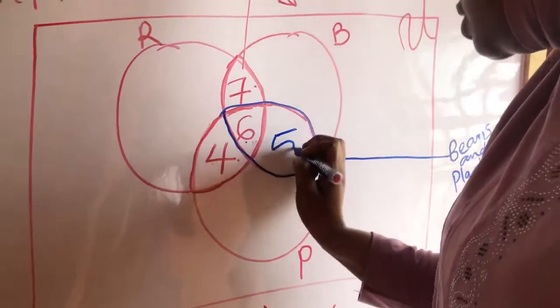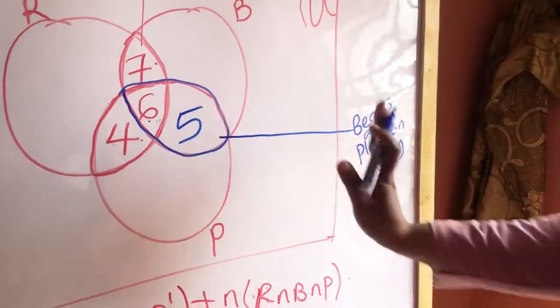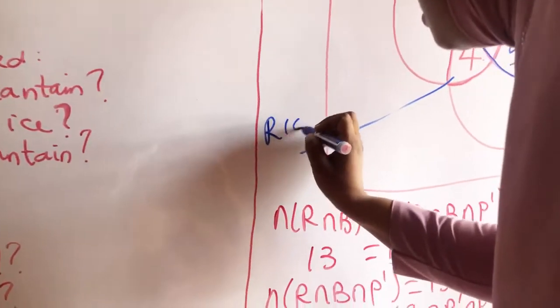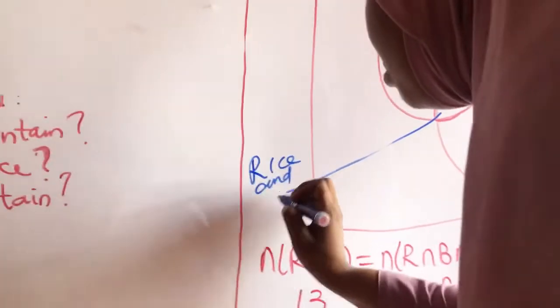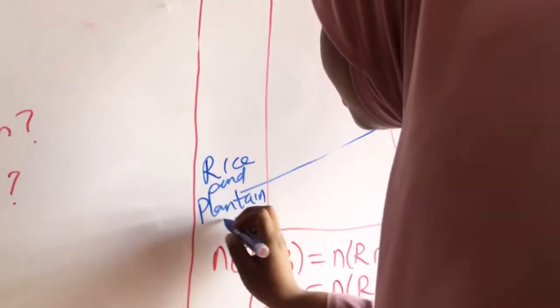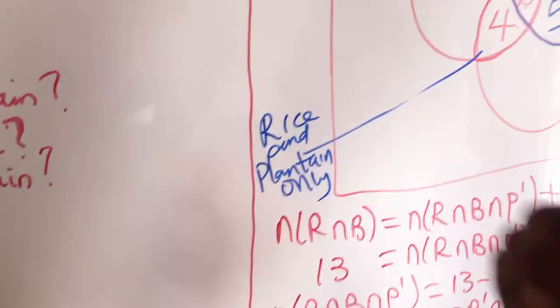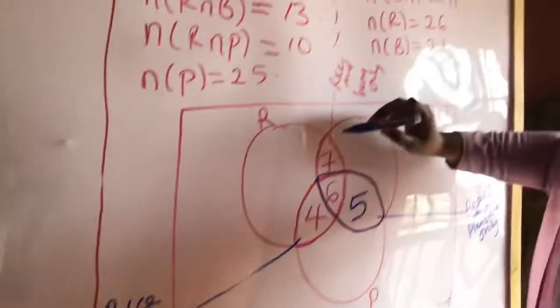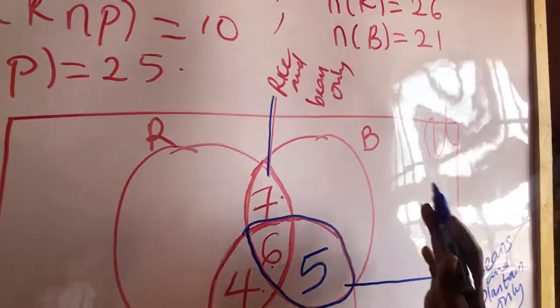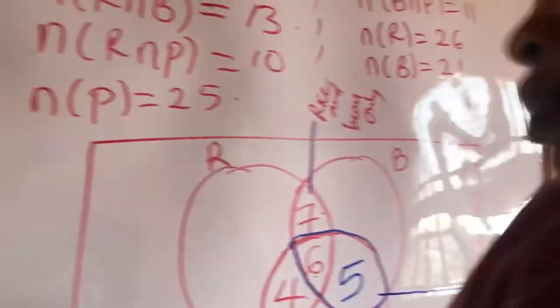So let's move. You write it here. That is beans and plantain only. This side is for what? It's for rice and plantain only. This side is for rice and beans only. So you have to understand those things.